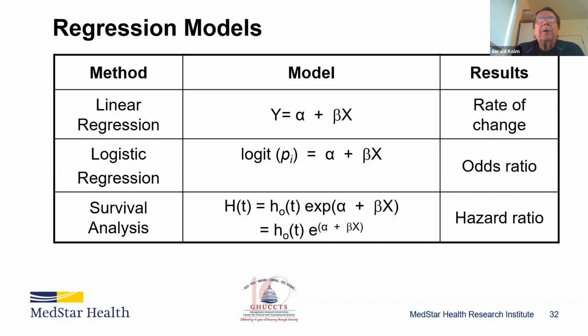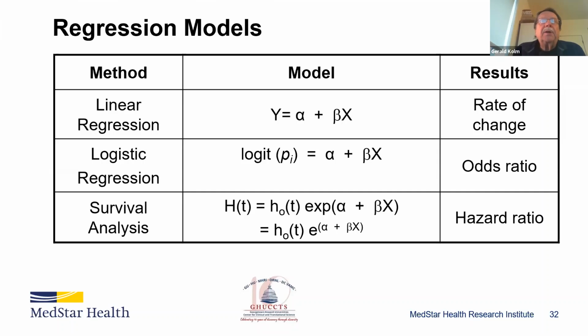And the beta is the regression coefficient, which for linear regression is essentially a rate of change. In other words, it gives you the change in y, or the dependent variable, for every unit change in the covariate, or the independent variable, in this case x. And alpha here I've used as the constant term. In other words, that's what y equals when x equals 0.